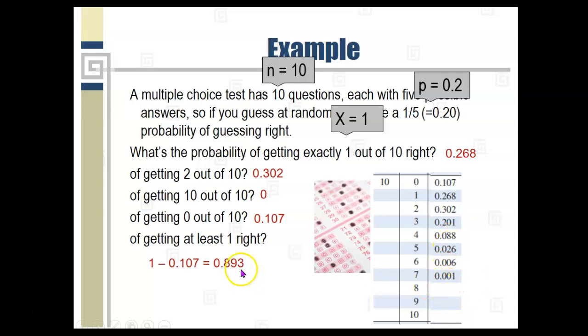That would give you basically the same thing. Might not be exactly the same because these down here aren't exactly 0. You might get a little round off error, but it would be pretty close. So you can add up the probabilities for all the x's that are at least 1, or you can just say, well, getting at least 1 is not getting 0. So 1 minus the probability of getting 0 right would be the probability of getting at least 1 right.